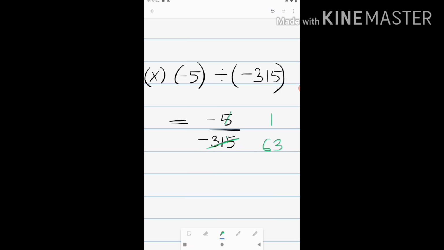So the answer is 1 upon 63. So my answer is 1 upon 63. And above and below, both, that is numerator and the denominator, both have a minus sign. Also our minus signs will get cancelled here. So we will not put any sign here, because minus and minus becomes plus.